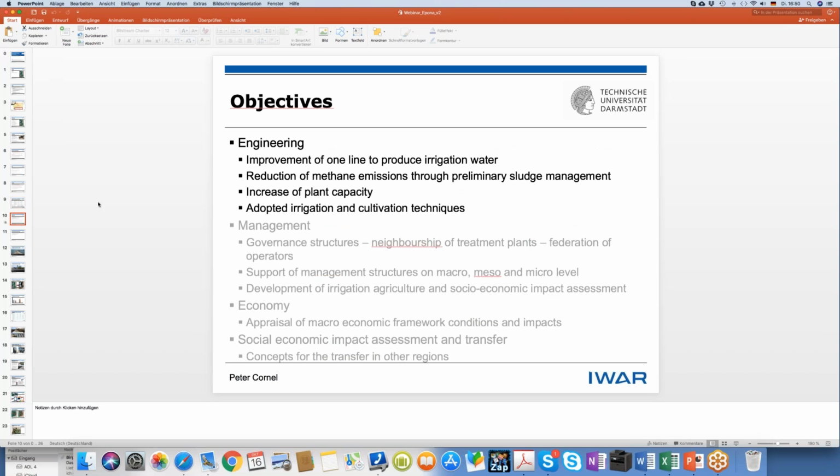The engineering objectives are the improvement of at least one line to produce irrigation water and have a comparison to the existing one.